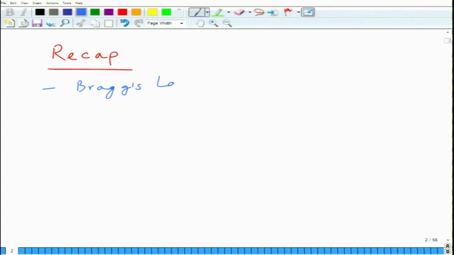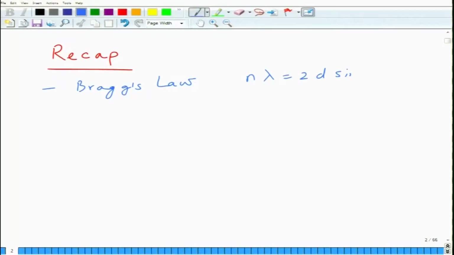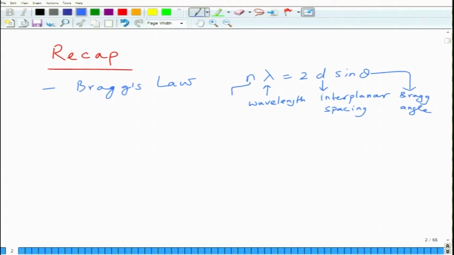Basically Bragg's law is the holy grail of X-ray diffraction, at least for beginners, which is defined as n lambda is equal to 2d sin theta, where lambda is the wavelength of radiation, which is typically around 1.5 angstrom, d is the interplanar spacing, theta is the Bragg angle, and n is the order of diffraction or reflection.